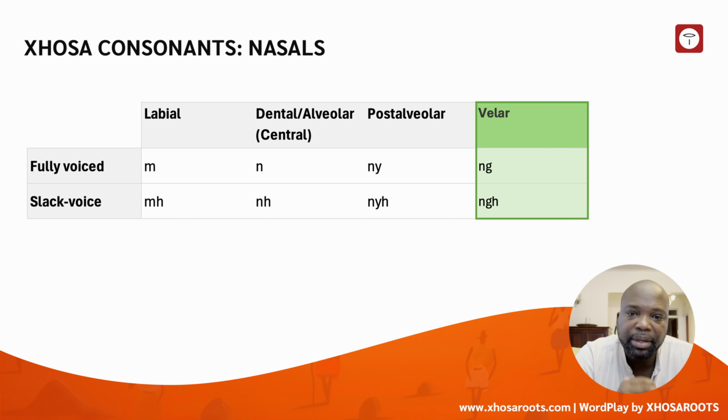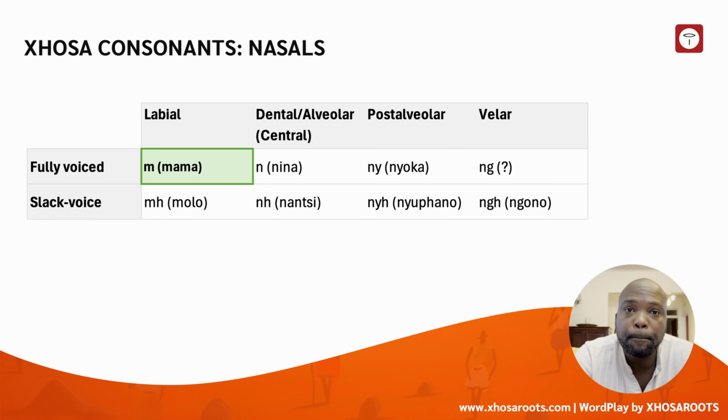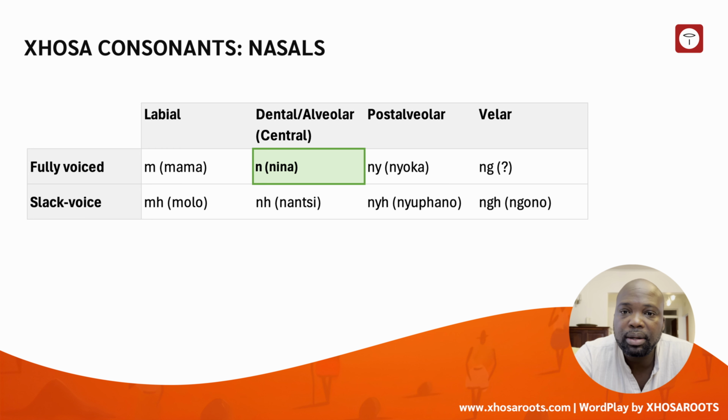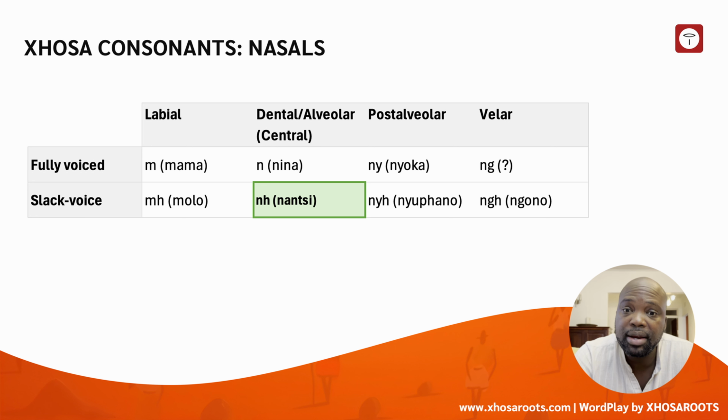As an example of the labials, we have the fully voiced labials, and then the slack voiced labials. Then we have the dental alveolar sounds. There again we have the fully voiced and the slack voiced.